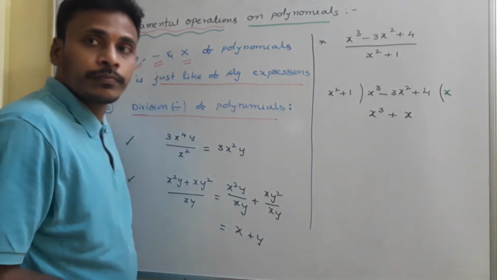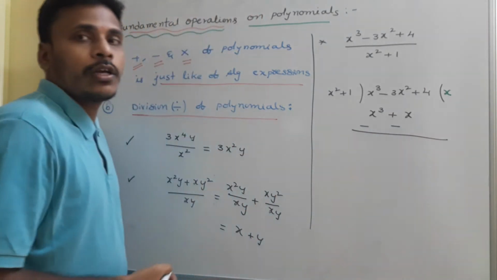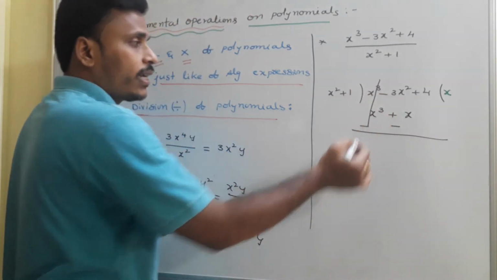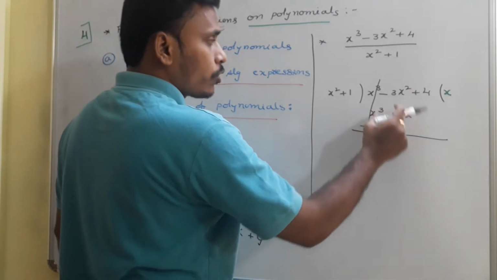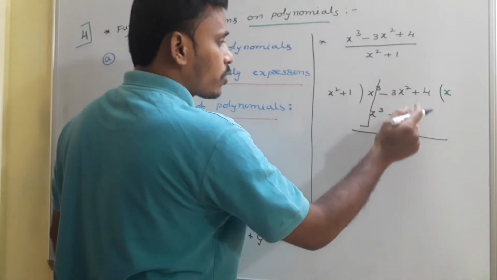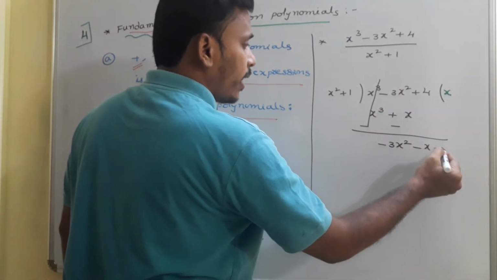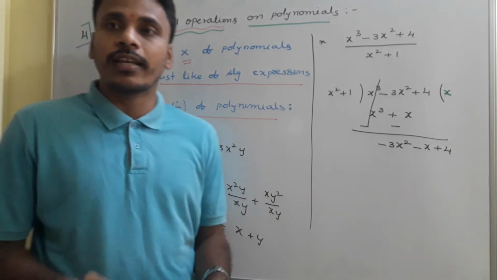That's it. Then you do subtraction, minus minus. So x^3 and x^3 get cancelled, and you write the remaining terms here. In order, I write minus 3x^2, the x^2 term, minus x plus 4. So one step of division is clear.